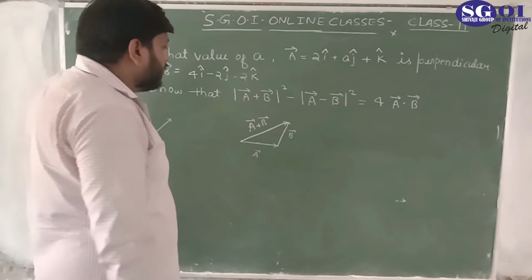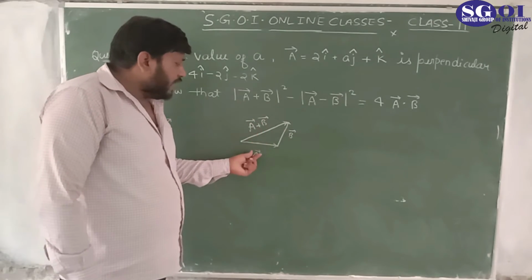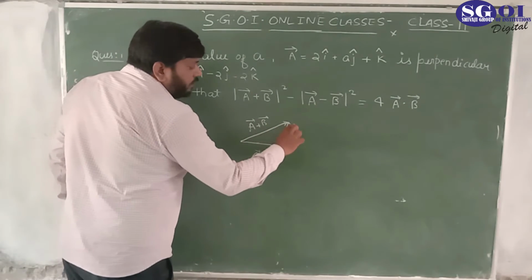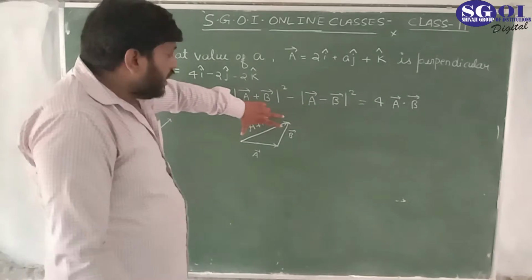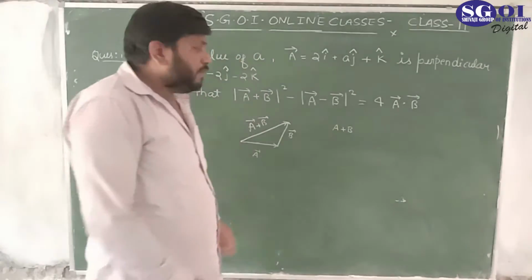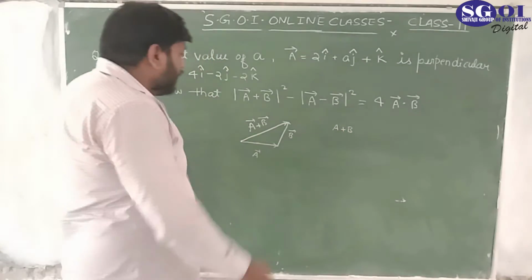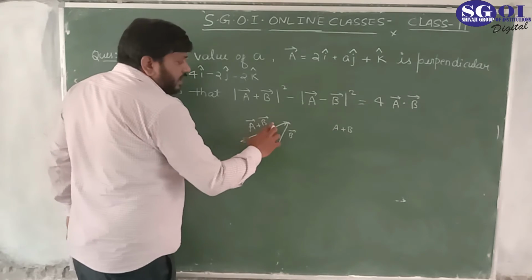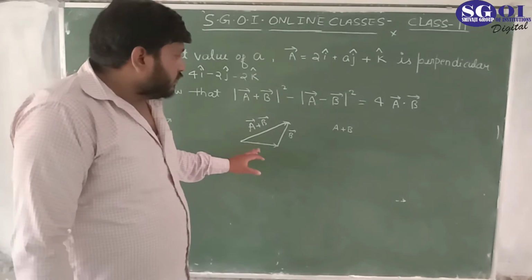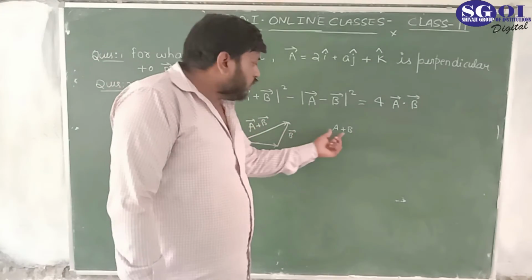In that case, is the magnitude of a plus b equal to the magnitude of a plus the magnitude of b, the lengths of the two arrows? Is the length of this vector equal to a plus b?